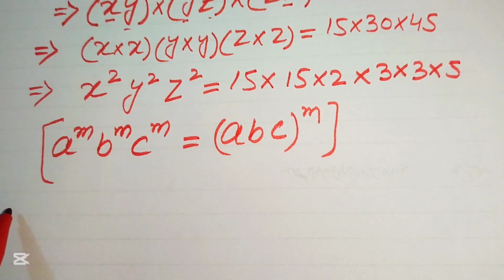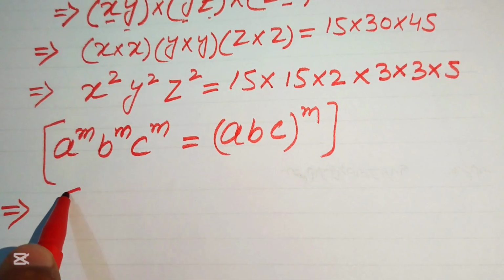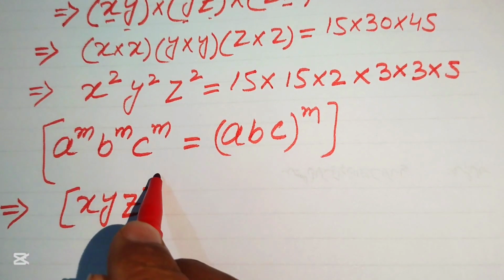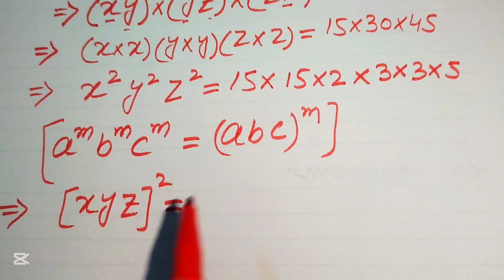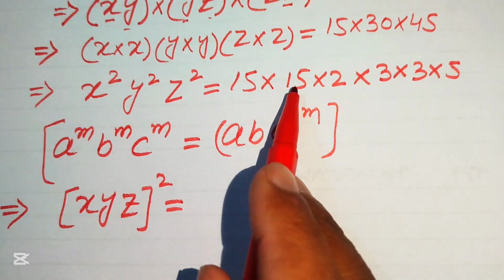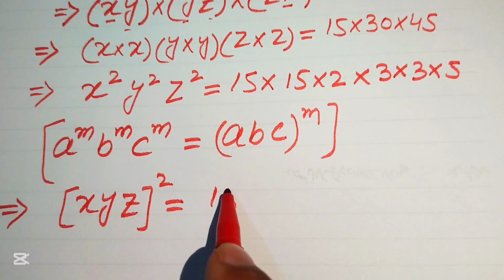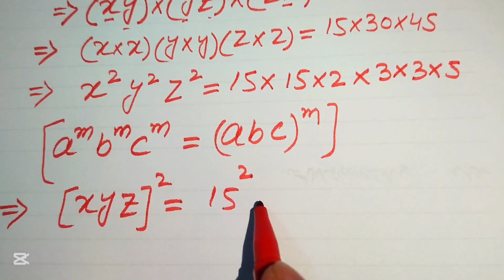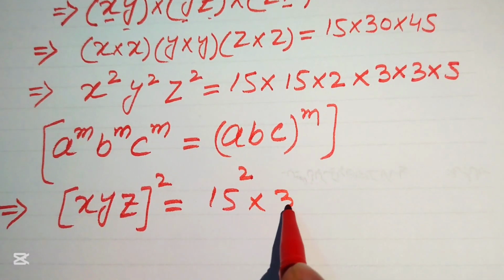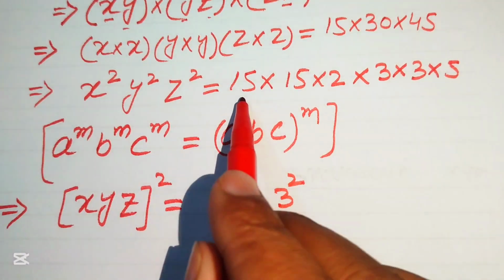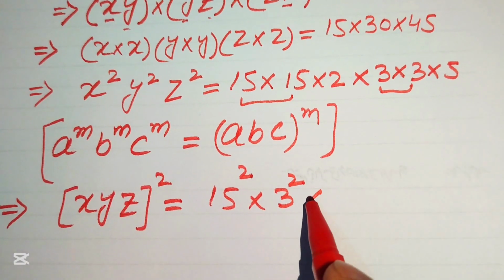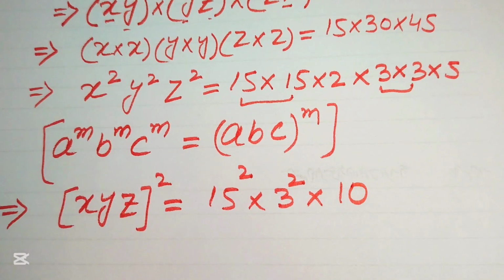According to this rule we write our left hand side as x multiplied by y multiplied by z and its whole square, equals, here we can write 15 times 15 becomes 15 square, 3 times 3 is written as 3 square, and 2 times 5 becomes 10.